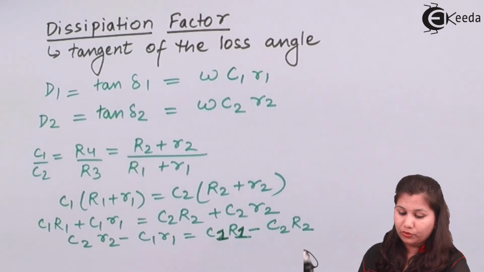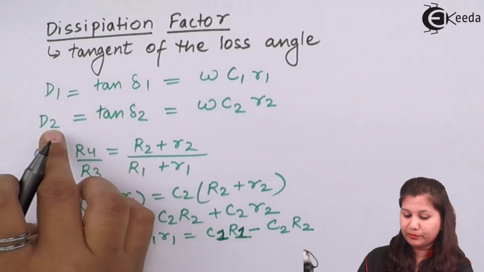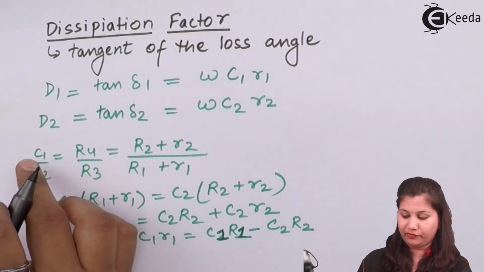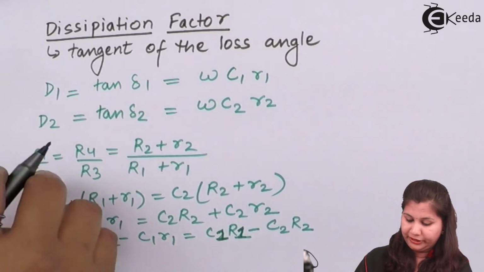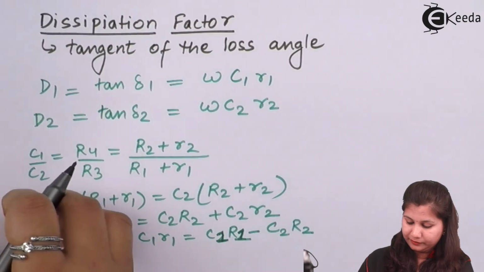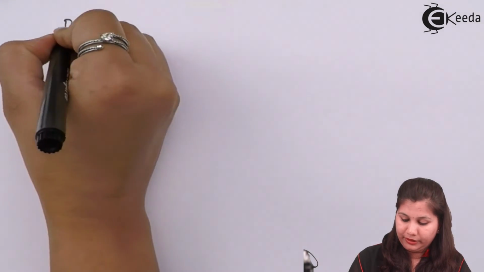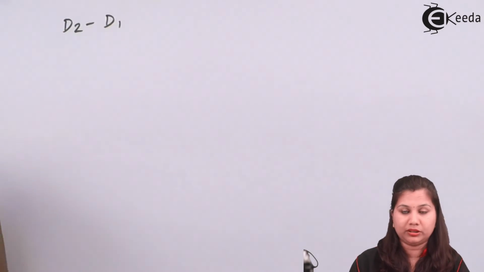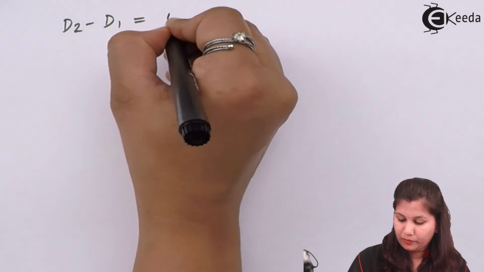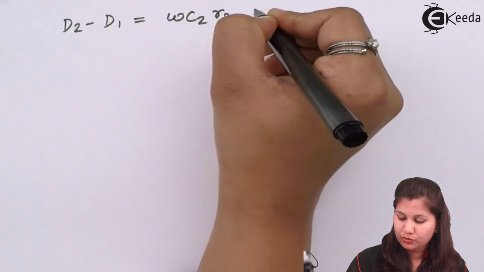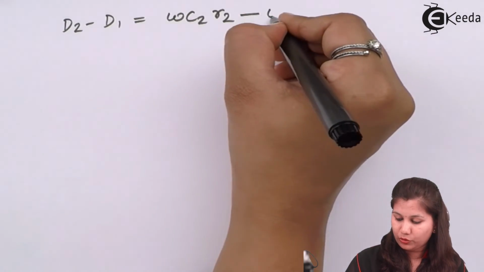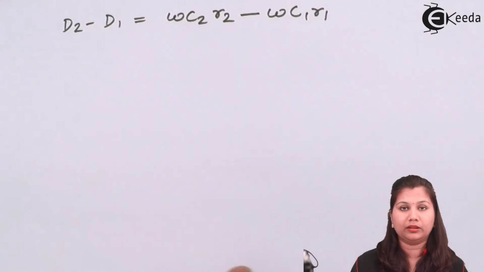Now we want to find out the difference between the two dissipation factors. So it will be D2 minus D1. D2 value is omega C2 R2 and D1 value is omega C1 R1.